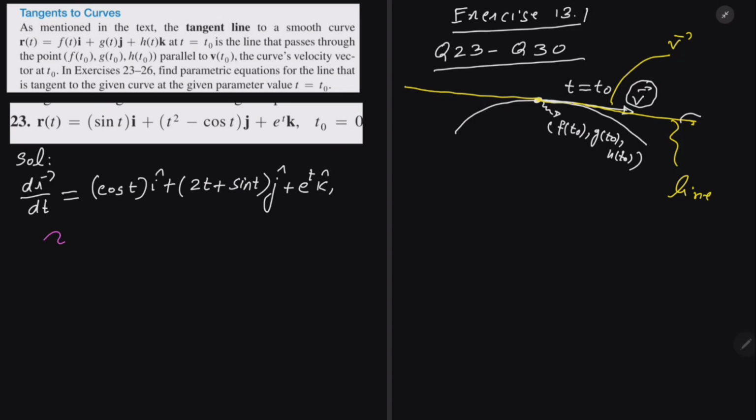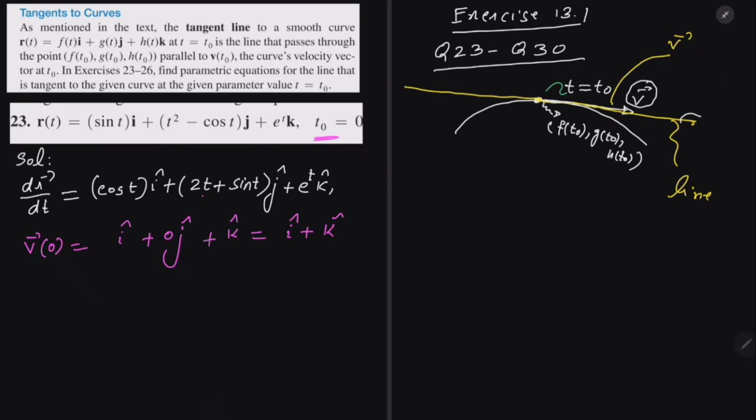Next we put t naught, which is 0: cos 0 is 1, sin 0 is 0, and e raised to power 0 is 1. So here we get i plus k unit vector.